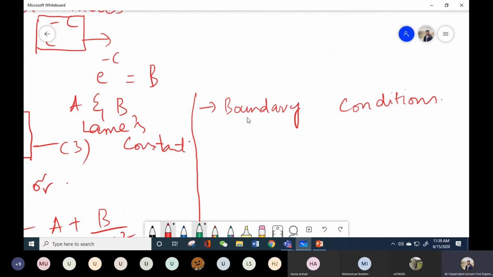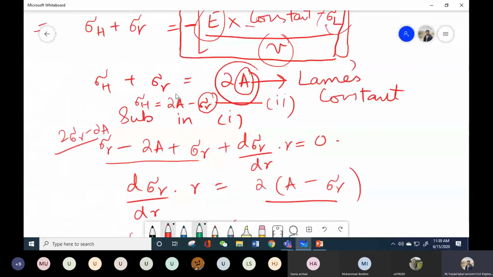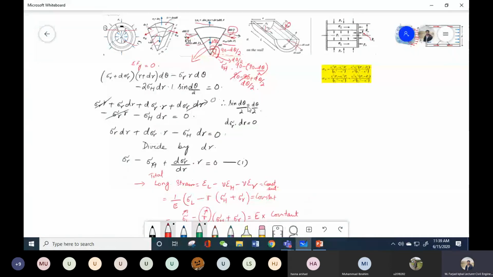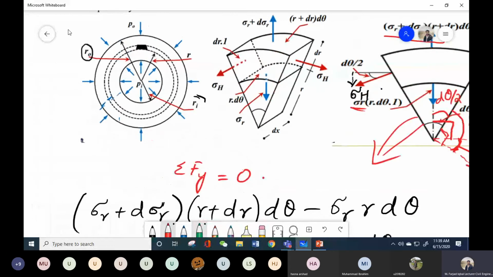So if you look back again at this figure, can I say that at a distance of r equal to ri, which is this distance, r being the radius obviously, the radial stress sigma r is equal to minus pi.